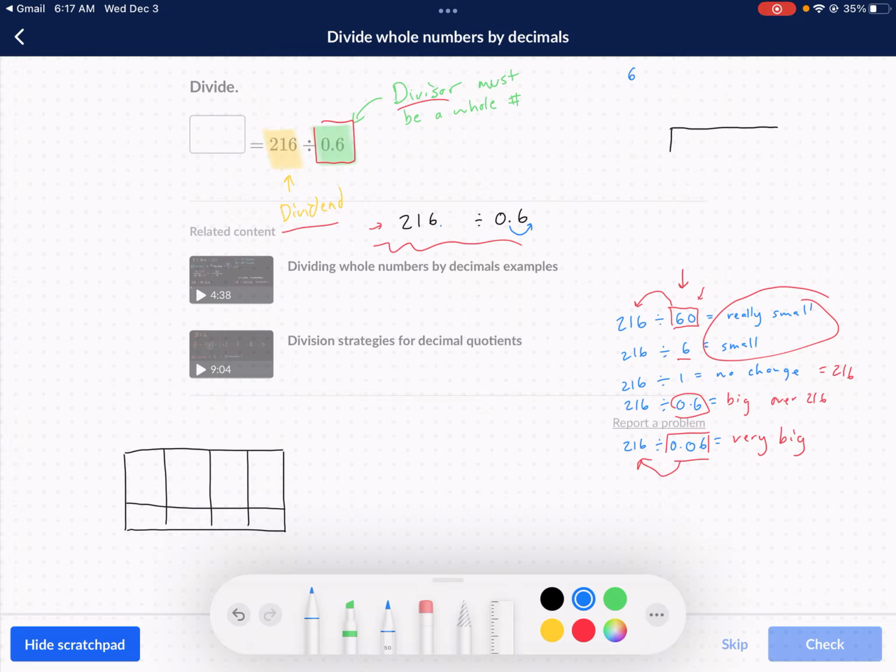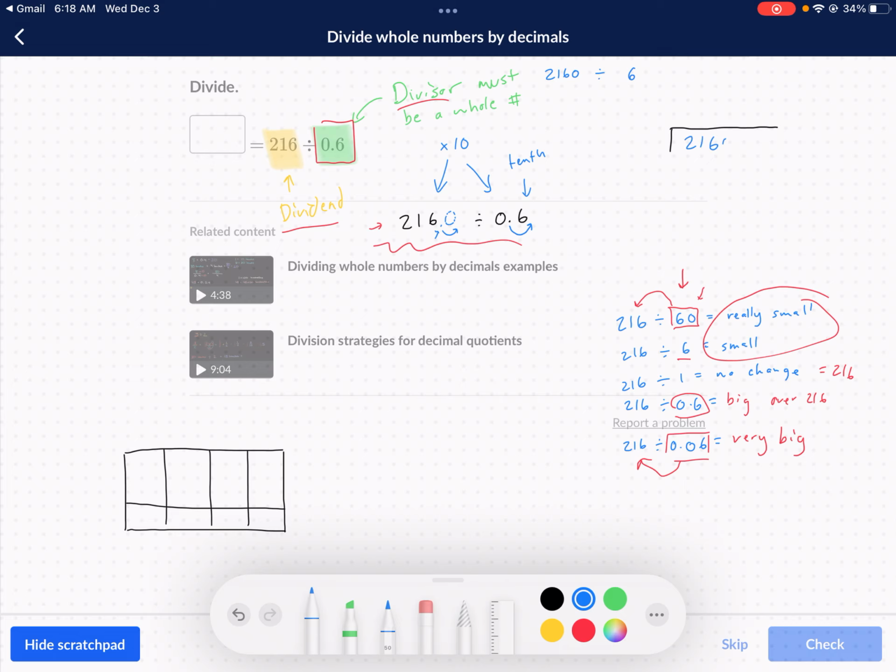Instead, we also have to move this implied decimal over 1. If we do that, we have to fill in that space with a 0. Essentially what we're doing here is, because that is a tenth, we need to multiply both these numbers by 10 to keep it balanced. So multiply 216 by 10 and 0.6 by 10. And the result is 2,160 divided by 6. That is my new problem.